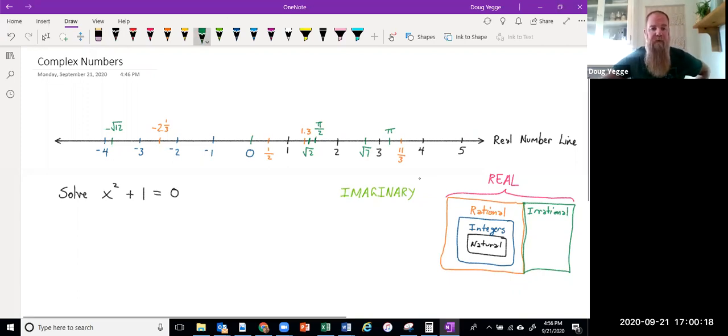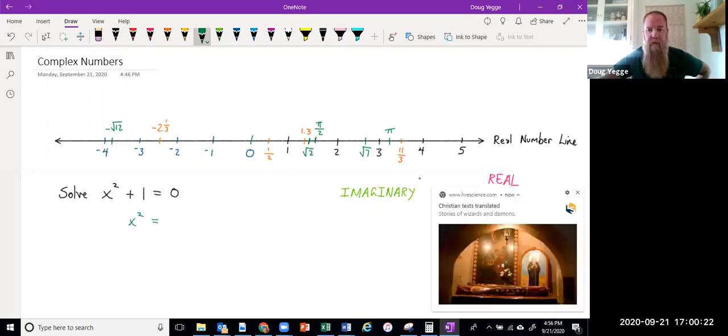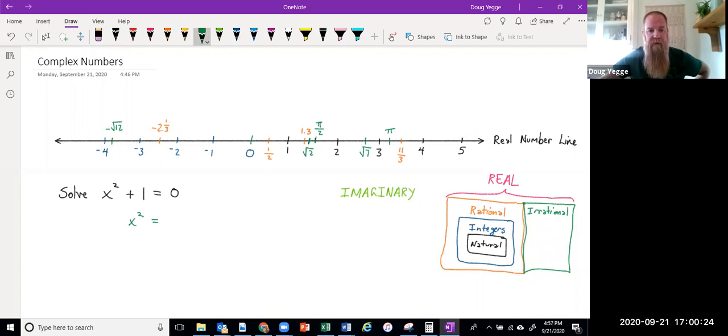So what we can do first is we can subtract 1, and now we're told that x squared is equal to negative 1. Now, if x squared is equal to negative 1, then that means something very interesting here. It means that if I multiply some number by itself, the answer will be negative 1, which you can understand throughout much of history was ridiculous.